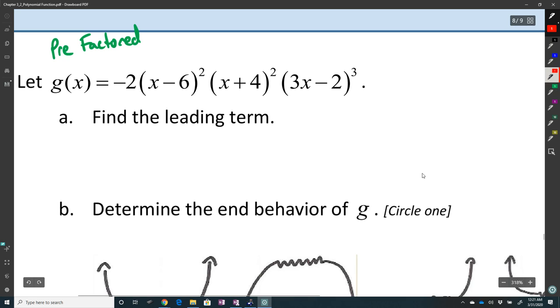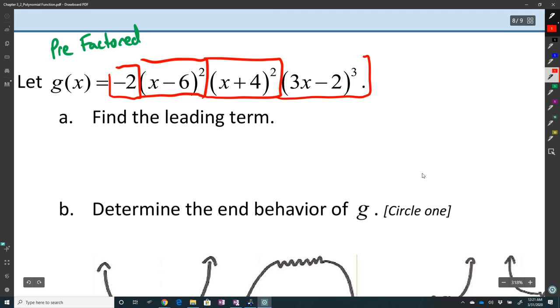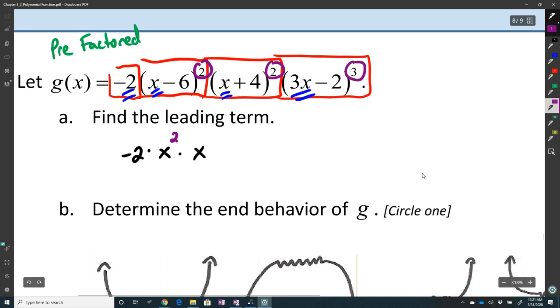So to find the leading term, you find the leading term of each group, which luckily, everything's kind of already there. So the first one is -2. The next one is an x, but remember it happens 2 times. This next one is x, and it happens 2 times again.